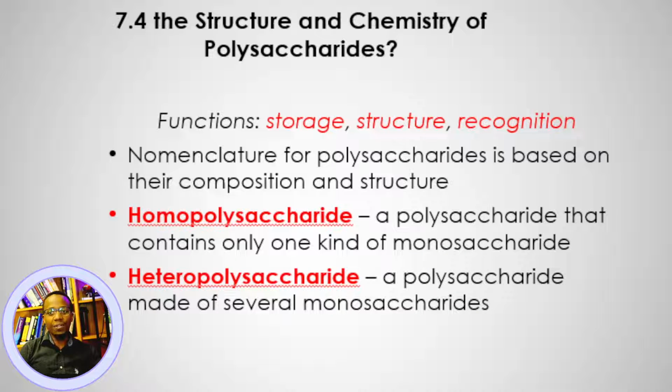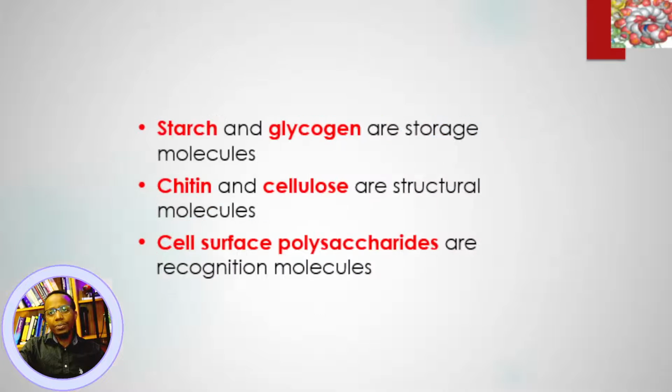But if the individual monosaccharides in this polymer are different, let's say a chain of fructose, glucose, fructose, glucose, fructose, glucose, and it keeps going, this is a heteropolysaccharide, right? We're familiar with homo and hetero, and we saw this when we were talking about polypeptides.